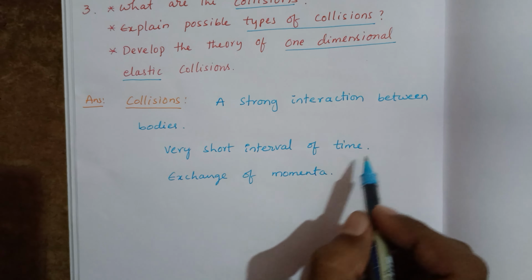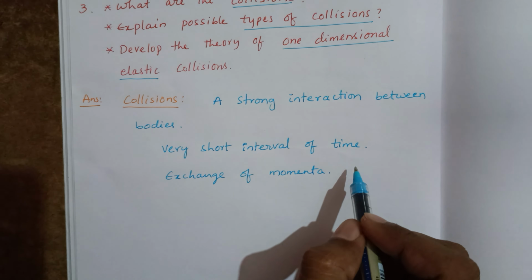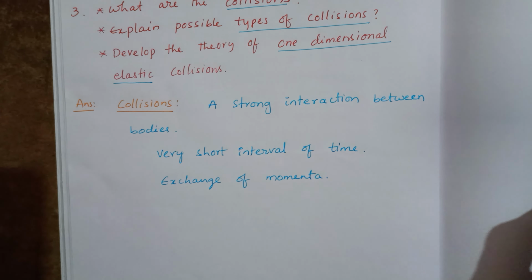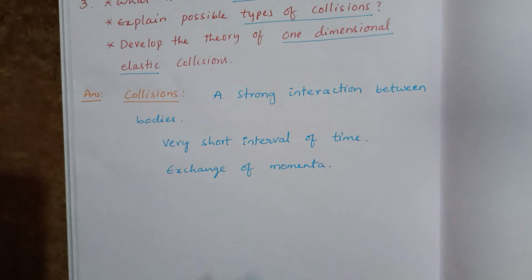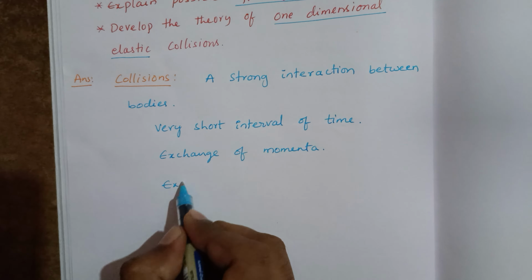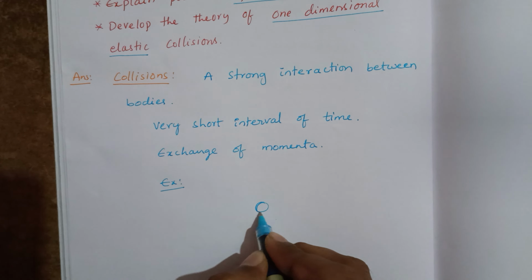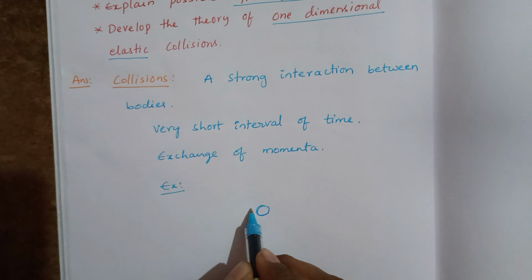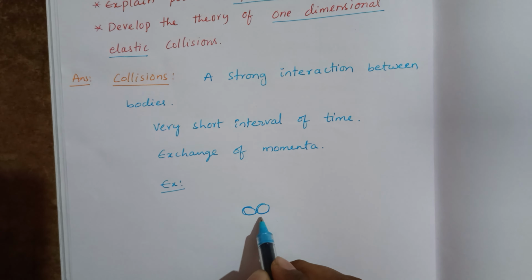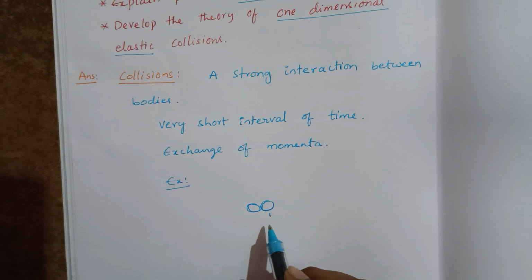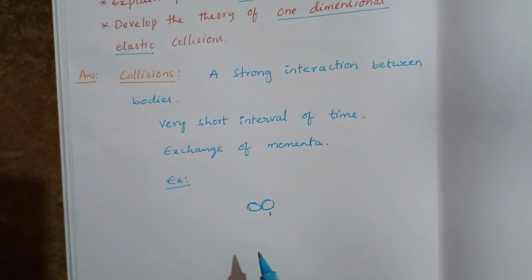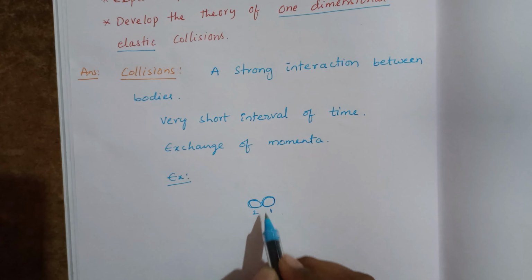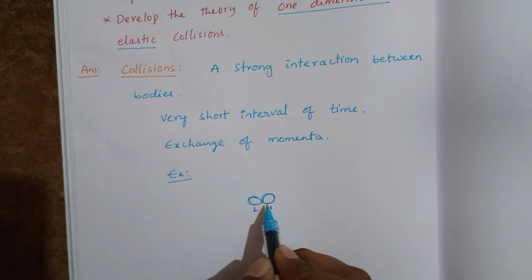Now when one ball is at rest, another ball hits that ball. Maybe the second ball comes to rest and the first ball starts moving. Momentum is exchanged from one ball to the other. For example, the first ball is at rest and the second ball hits the first ball.